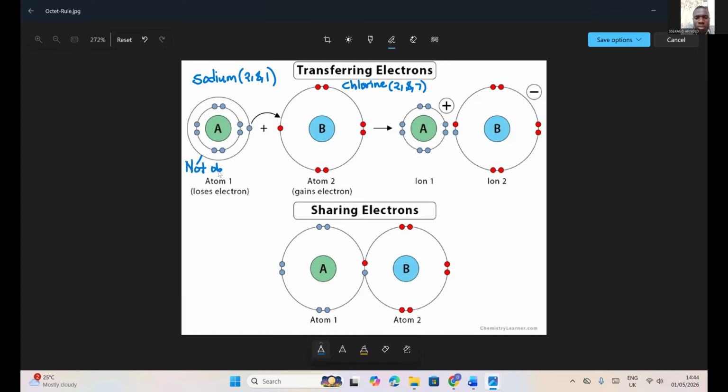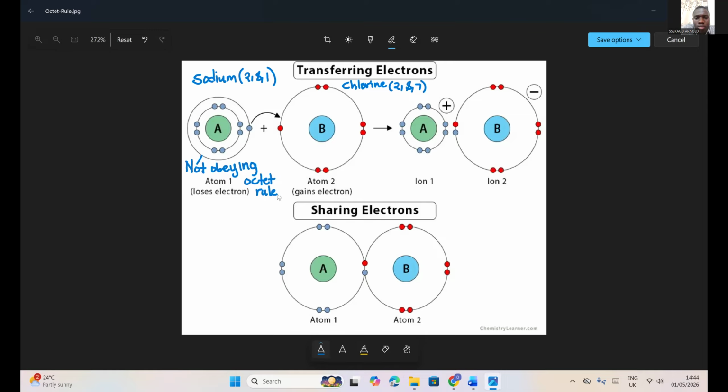Kindly write these things, put them there the way I am writing them. Don't decide on what to write and what not to write. So the last shell is not obeying the octet rule.